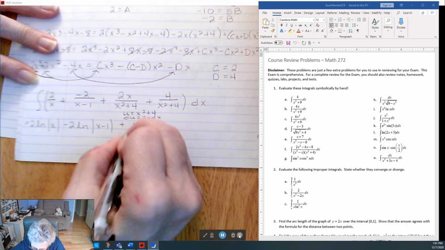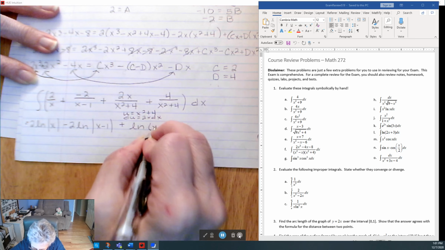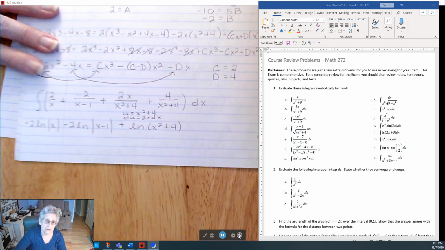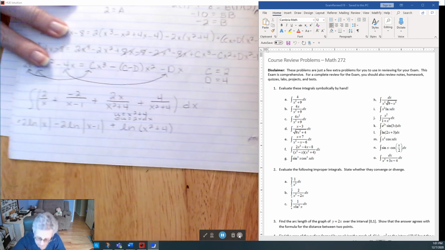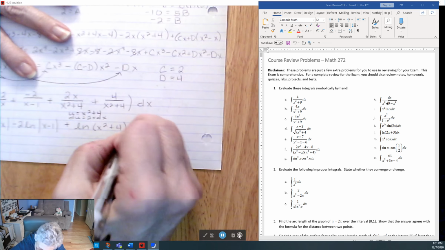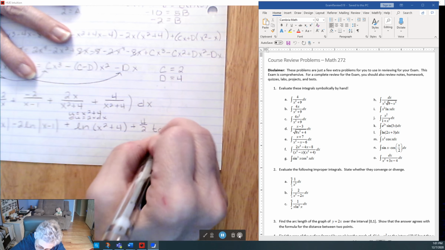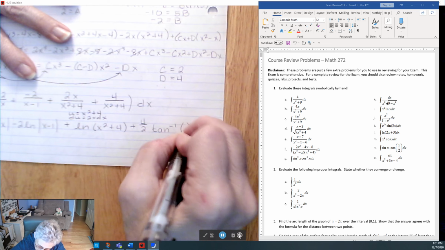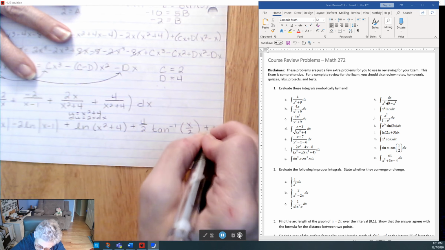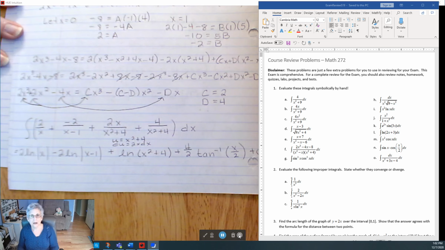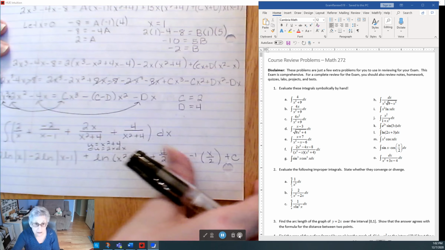So this is the natural log of x squared plus 4. Don't even need absolute values because x squared plus 4 is positive, plus 4 over 2 times the inverse tangent of x over 2 plus a constant. So that one was heavy on the algebra, easy on the calc.